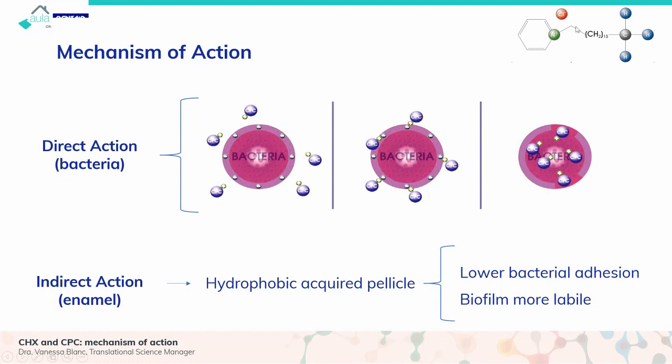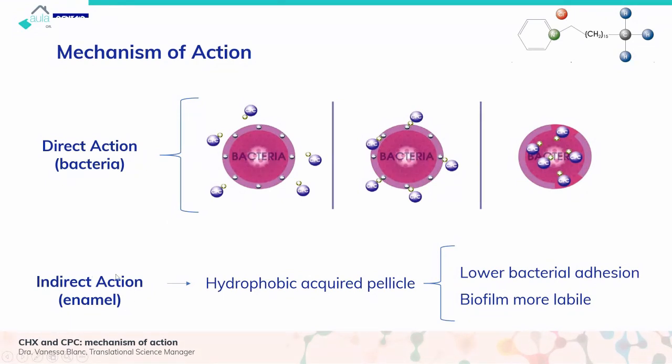The non-polar region, the tail of the CPC, so CPC has a long tail, is the region of the molecule that can penetrate the bacterial cell membrane and the bilayer, altering it and generating an imbalance in the osmotic regulation, causing again the loss of cytoplasmic material and ultimately cell death.